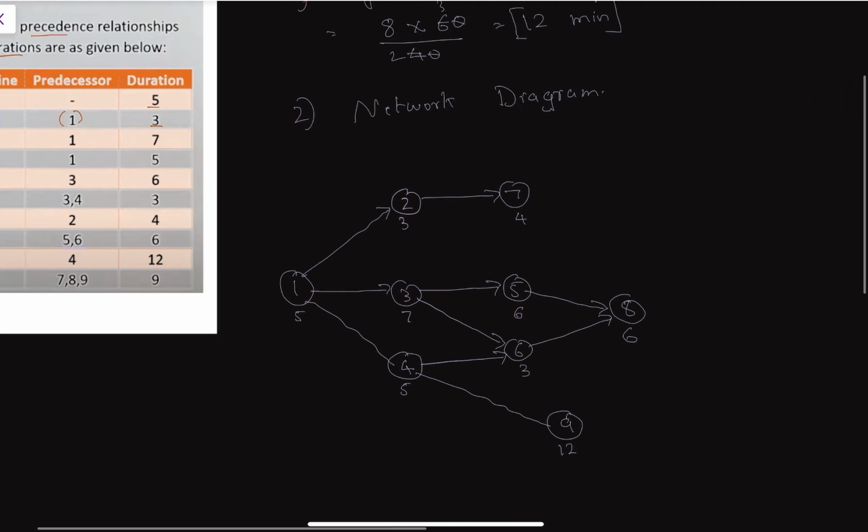So you can write it as 10 here. The duration is 9 minutes. This is how you will draw the network diagram, and we have written the duration in minutes below each node, from 1 to 10.